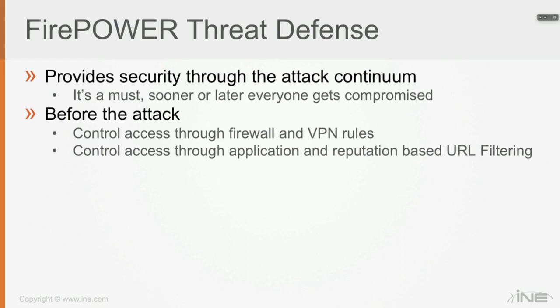So before the attack, we control traffic, we secure the network via, as we said before, regular access firewall rules based on IPs, based on usernames, identity firewall based on SGT tags, based on VPN rules. So we have some kind of control of who goes where. Then, speaking about the internet, we control access out on the internet and what we get from the internet through application inspection and reputation-based URL filtering.